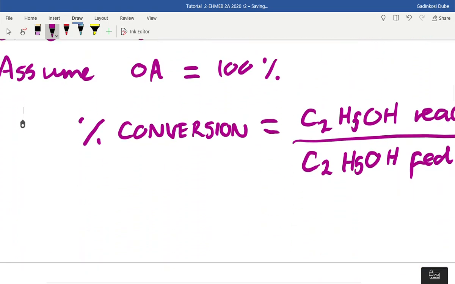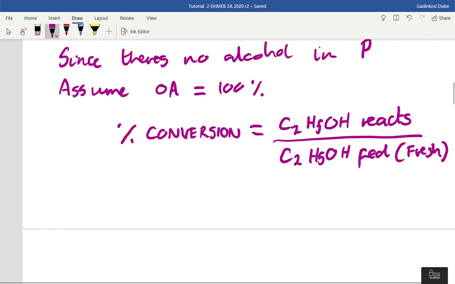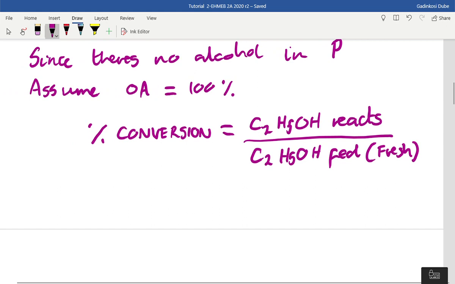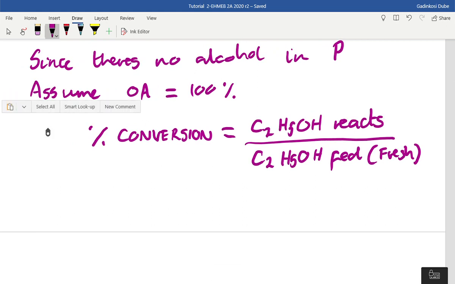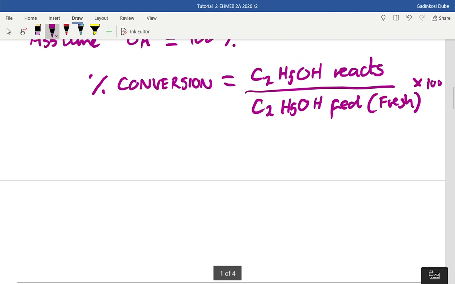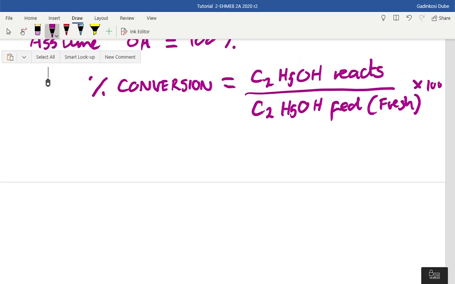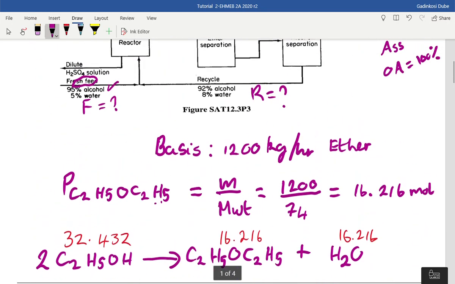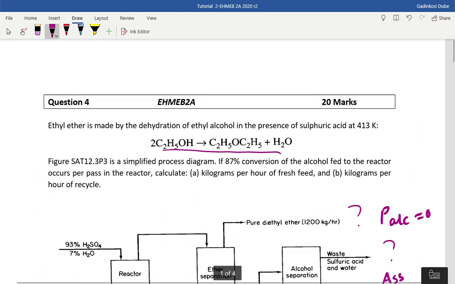Now what we need to find is the alcohol that reacts. Remember, this is always multiplied by 100. So we have to find the C2H5OH that is actually fed, because that's what we're looking for. If we go back to the question, it's important to give kilograms per hour of fresh feed.